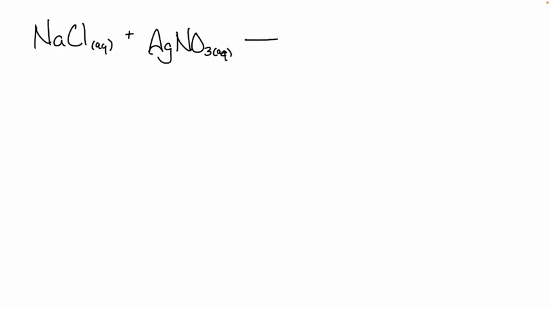Let's just take an example reaction here. This would have been one of the first types of reactions y'all studied last semester. If you take sodium chloride, you can mix it with silver nitrate, two aqueous solutions.